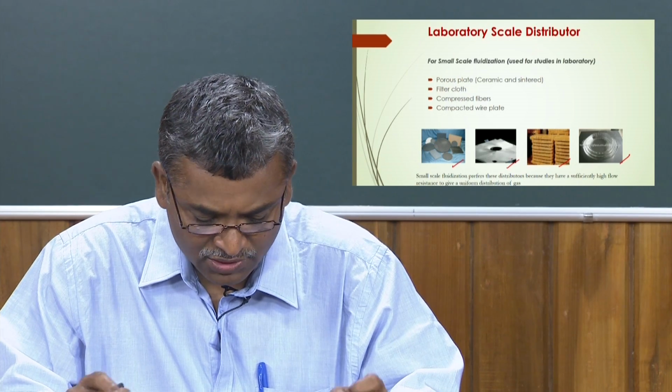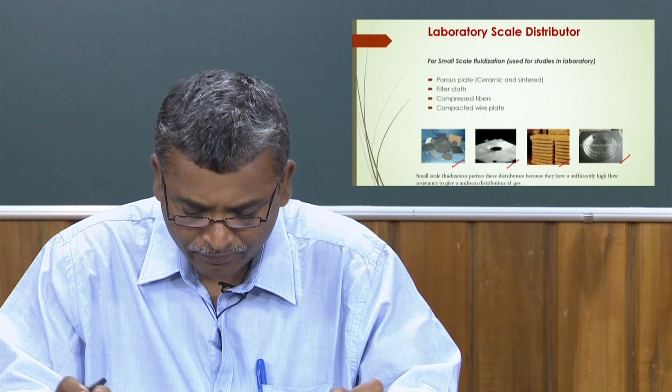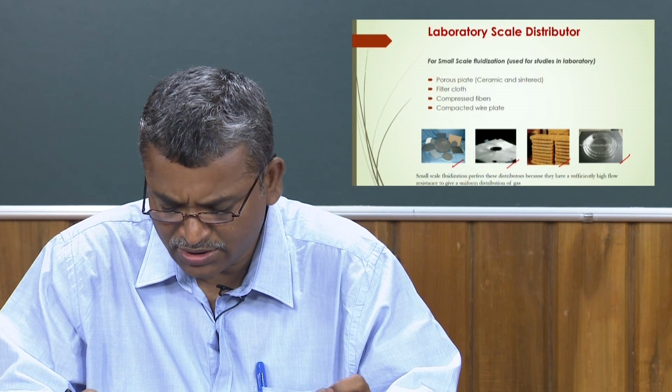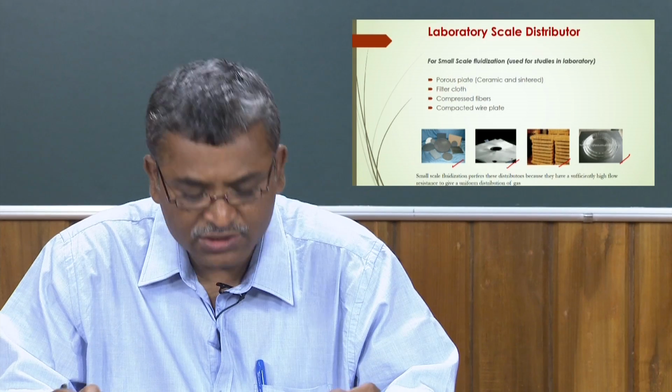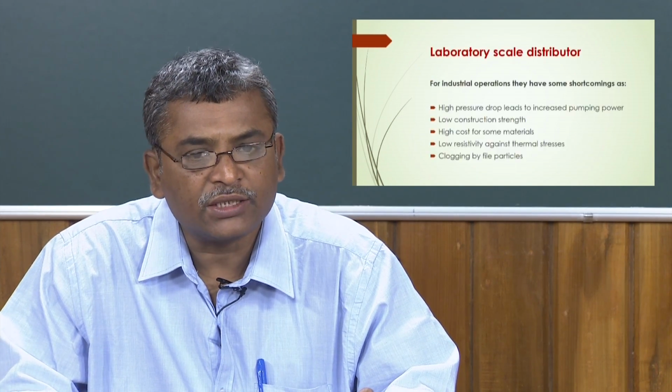There will be a fixation of this distributor, through which the gas will be distributed. Small scale fluidization prefers this distributor because it has significantly high flow resistance to give a uniform distribution of gas.